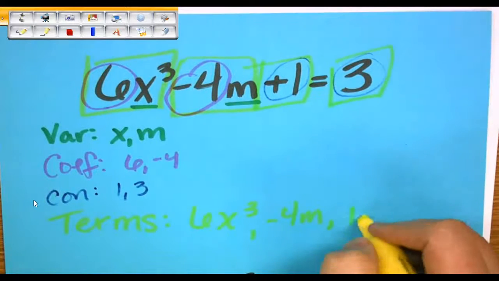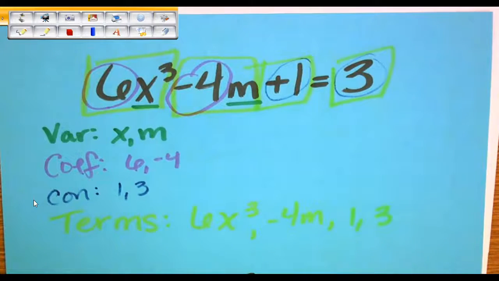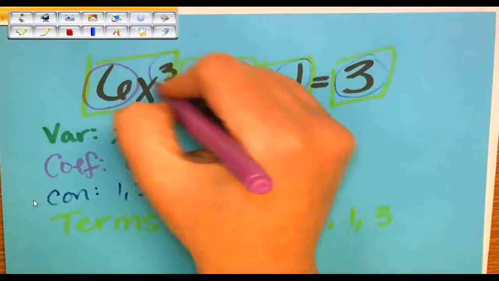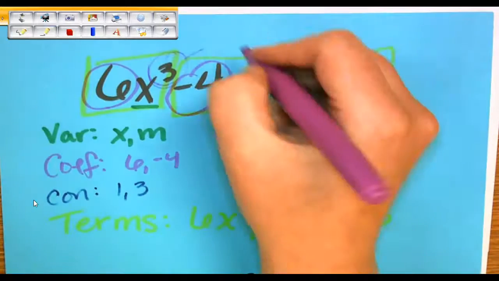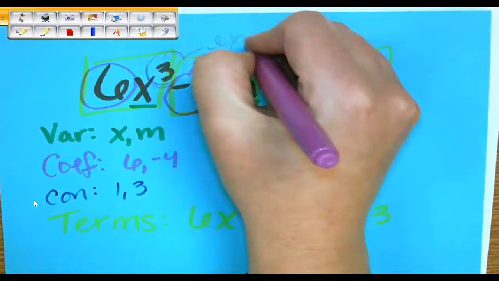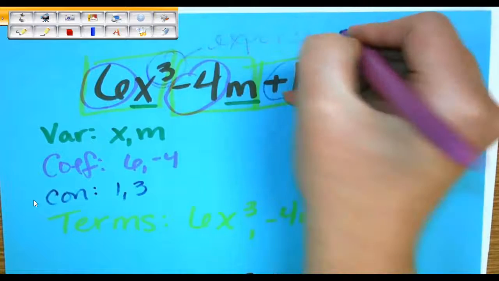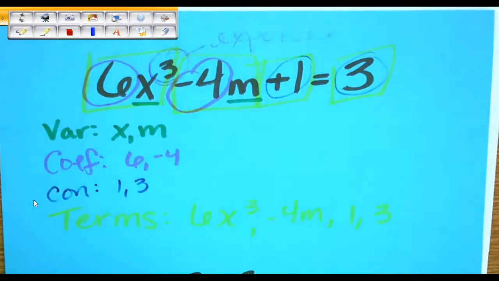So this equation has 4 terms. We do have one thing that we have not gone over, and that is the 3 here. It is important to note that that 3 is an exponent for our problem.